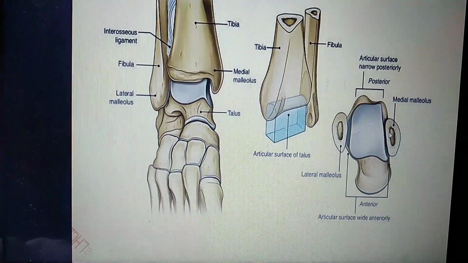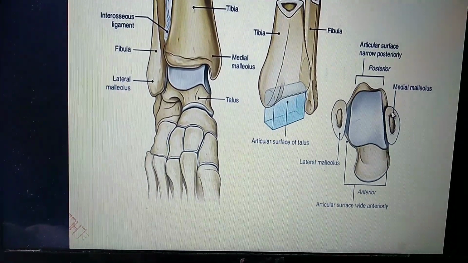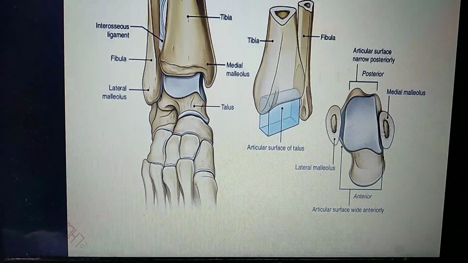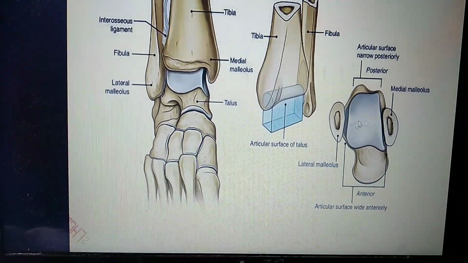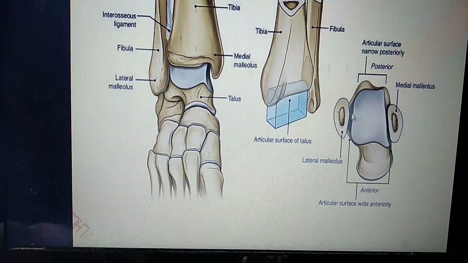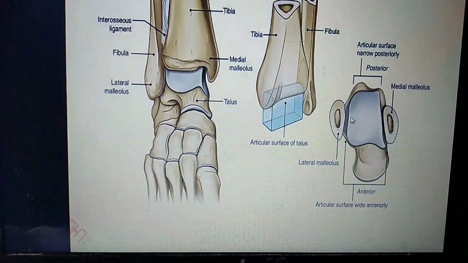Now this is the trochlear surface of the talus. This is how the medial malleolus forms a joint with the medial facet of the talus. The lateral malleolus forms the joint with the lateral facet of the talus.